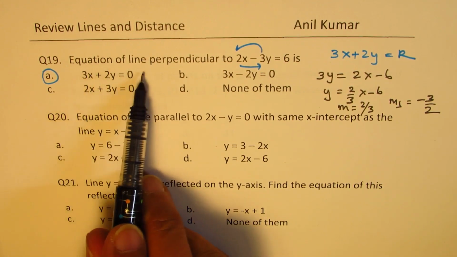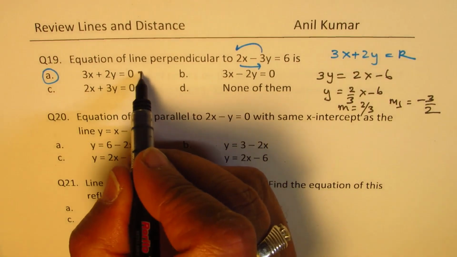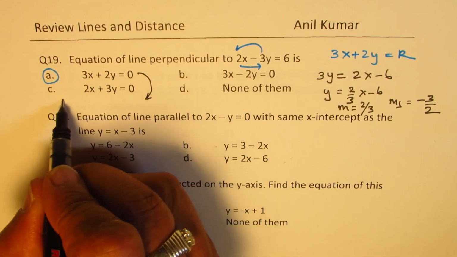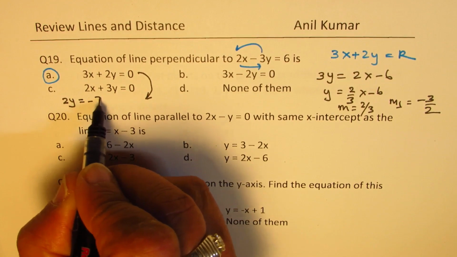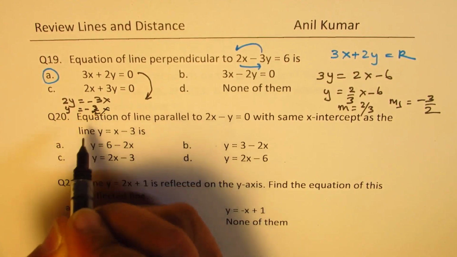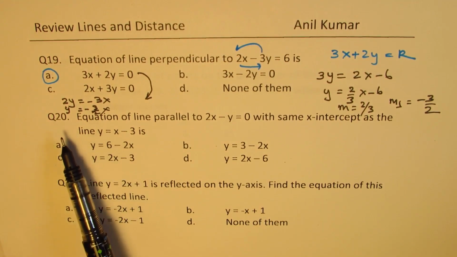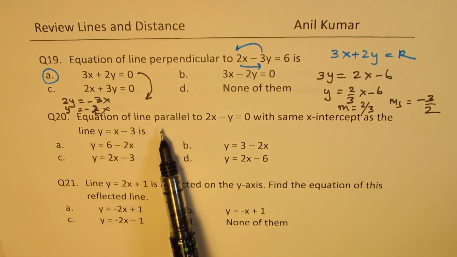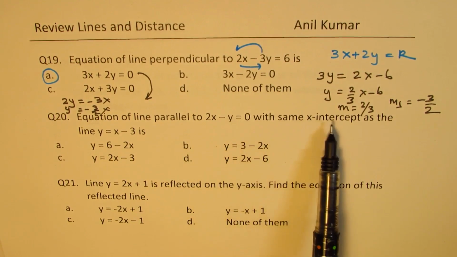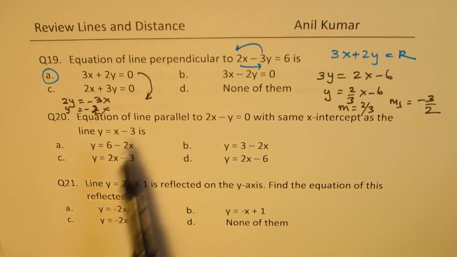If you take this on the right side, it becomes minus 3, right? So if you are working on this equation, we get 2y equals to minus 3x, or y equals to minus 3 over 2x. So we get that slope. Perfect.